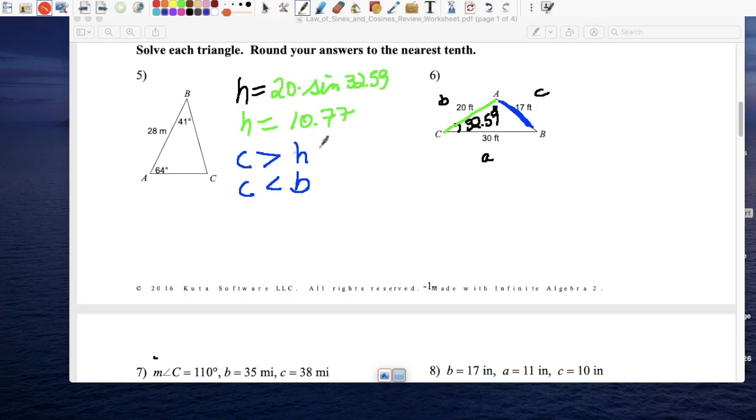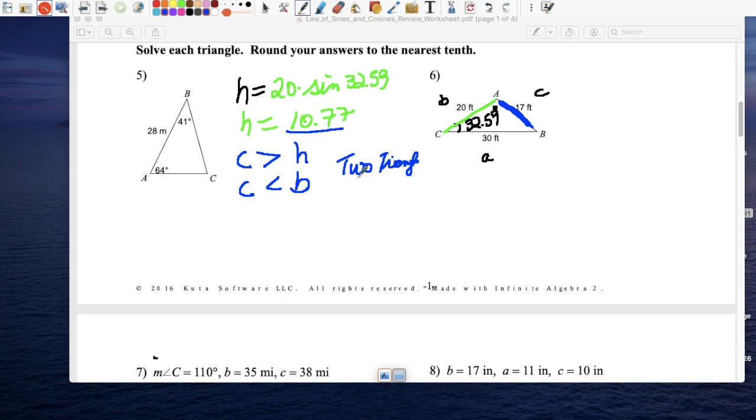So C is greater than the height that we just found, and side C is less than B. So in this case, if it's greater than the height but less than B, then we have 2 triangles.